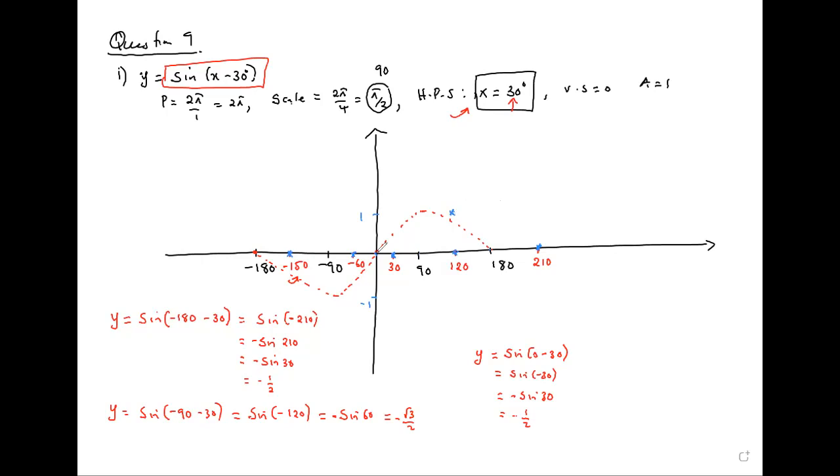Then this one here has come here, and that one has come here. So what we have now is the graph of this. Because calculating here, we're getting awkward numbers like this that are hard to plot.